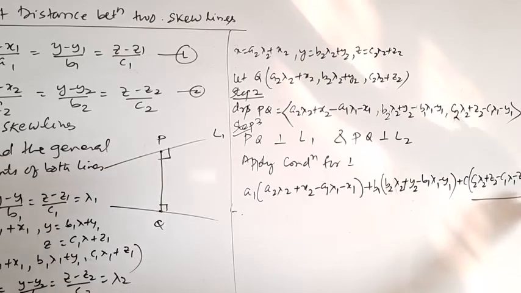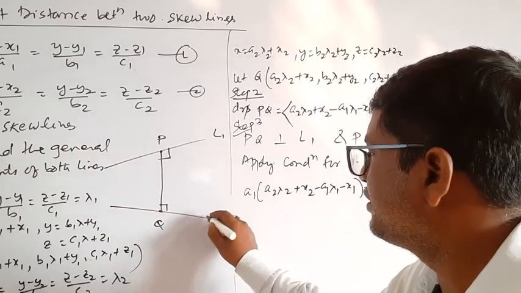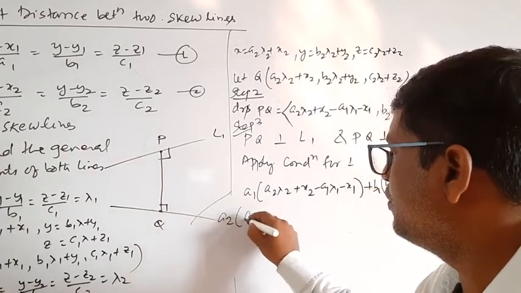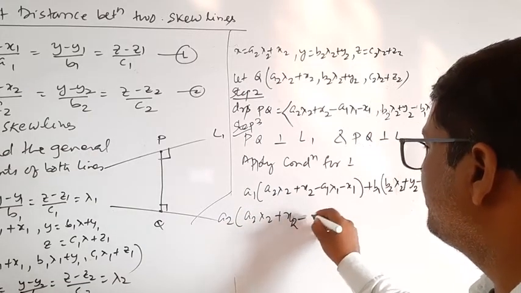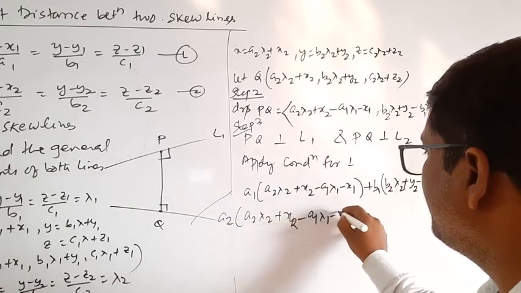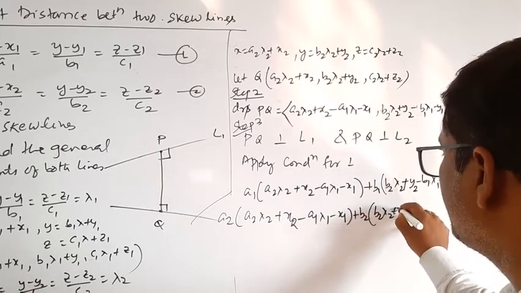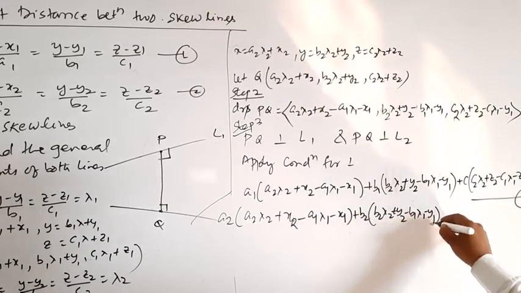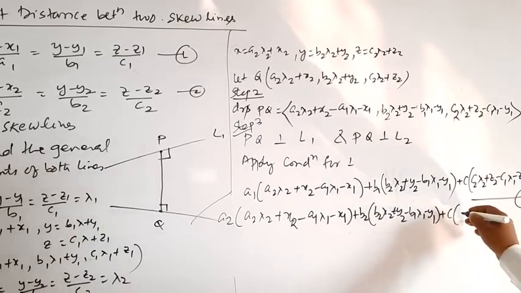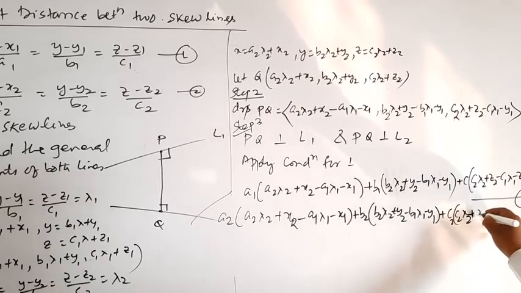This is equation 3. Similarly, for the second line, a2 into (a2 lambda 2 plus x2 minus a1 lambda 1 minus x1) plus b2 into (b2 lambda 2 plus y2 minus b1 lambda 1 minus y1) plus c2 into (c2 lambda 2 plus z2 minus c1 lambda 1 minus z1) equals 0.